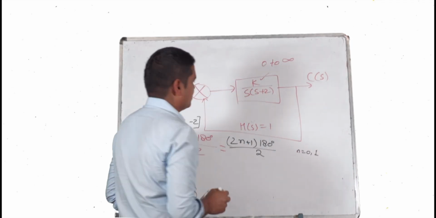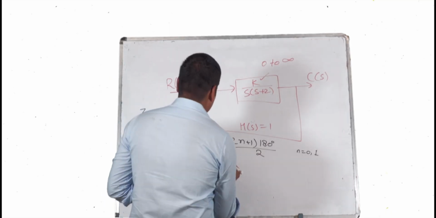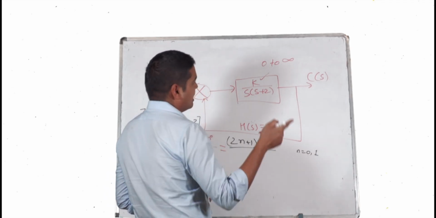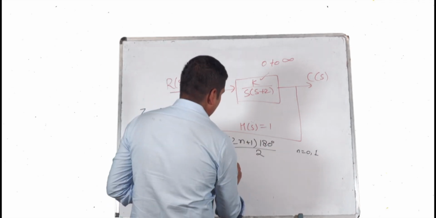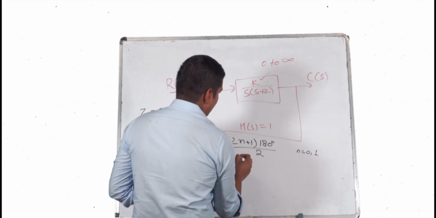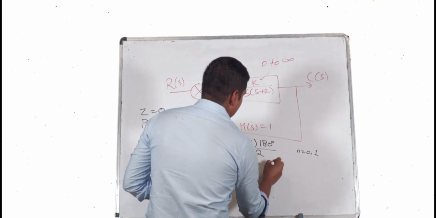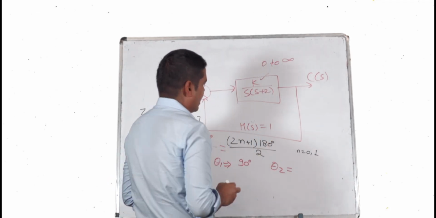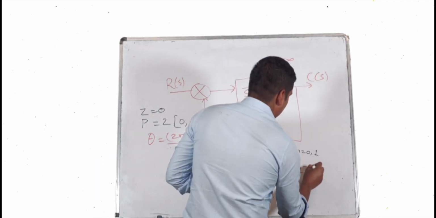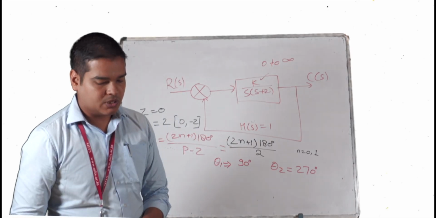Only 2 asymptotes will be there because the number of poles is 2 and zeros are 0, so all the poles will terminate at infinity only. If I put n equals to 0, it will come out to be 90 degrees, that is theta 1, and theta 2, for n equals to 1, will be 270 degrees. So two angles will be there, 90 and 270.